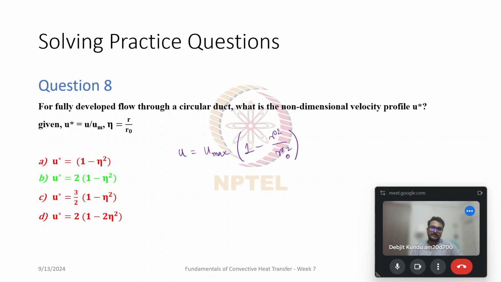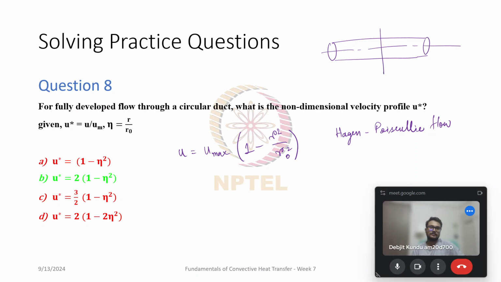This is Hagen-Poiseuille flow through a circular duct like this. We've seen that it takes a parabolic velocity profile like this. We're all very familiar with it. And the equation of this is given by this.